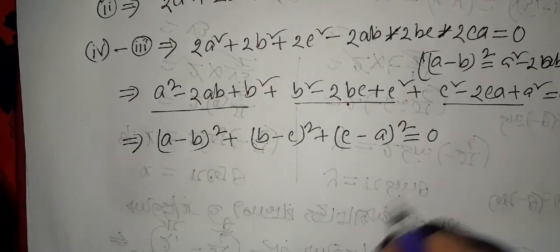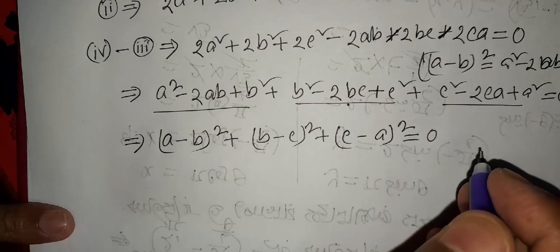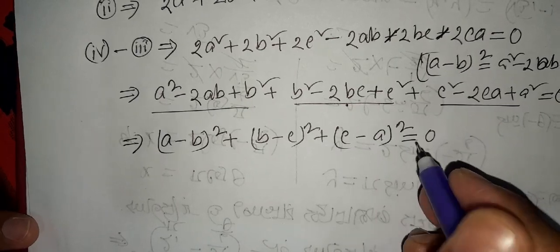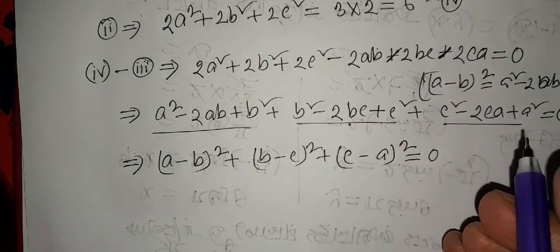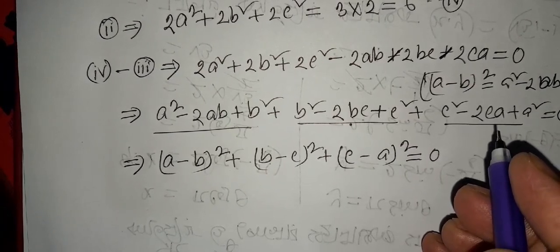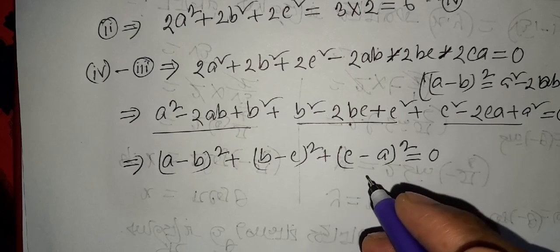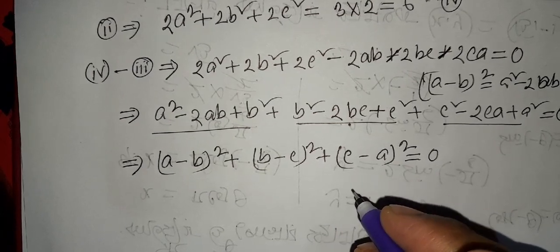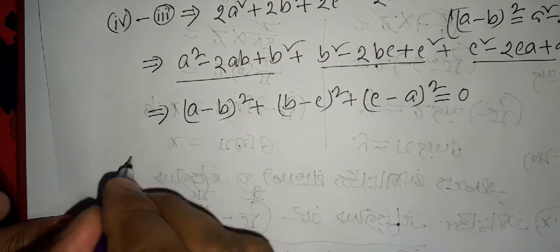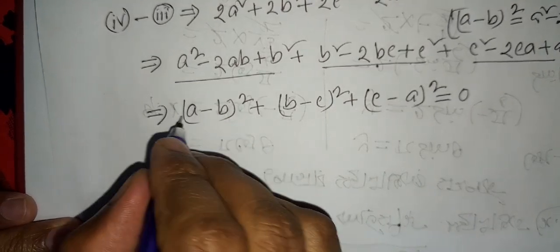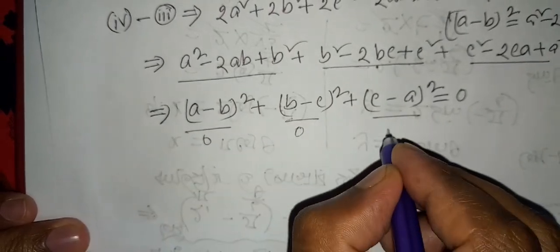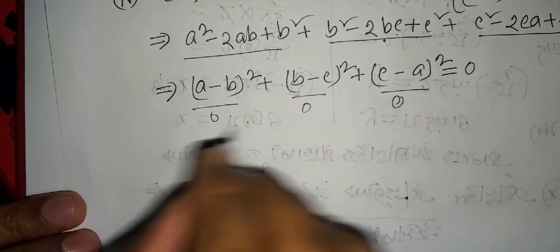Here we can see that the summation of these three squares is equal to 0. We know that a square number is not negative, so the three numbers cannot be negative, so every square will be 0. So we can write (a minus b) whole square equal to 0, (b minus c) is equal to 0, and (c minus a) is equal to 0.